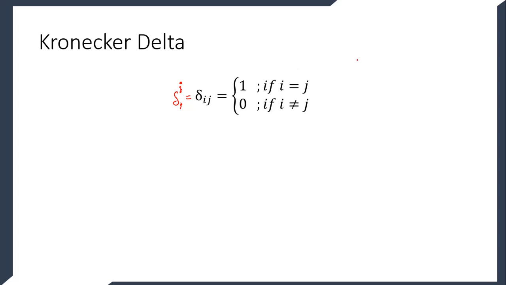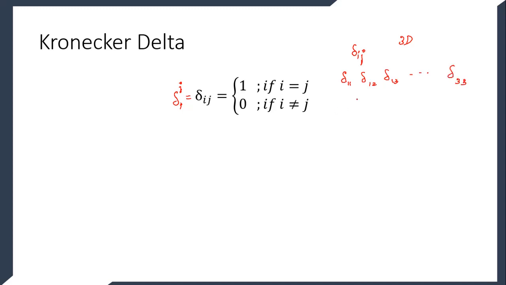Now using the summation notation, you can see that delta ij has two free indices i and j. Suppose we are doing this in a three-dimensional space, then we will have different terms. We will have 9 different terms possible here, starting from delta 11, delta 12, delta 13 up to delta 33.